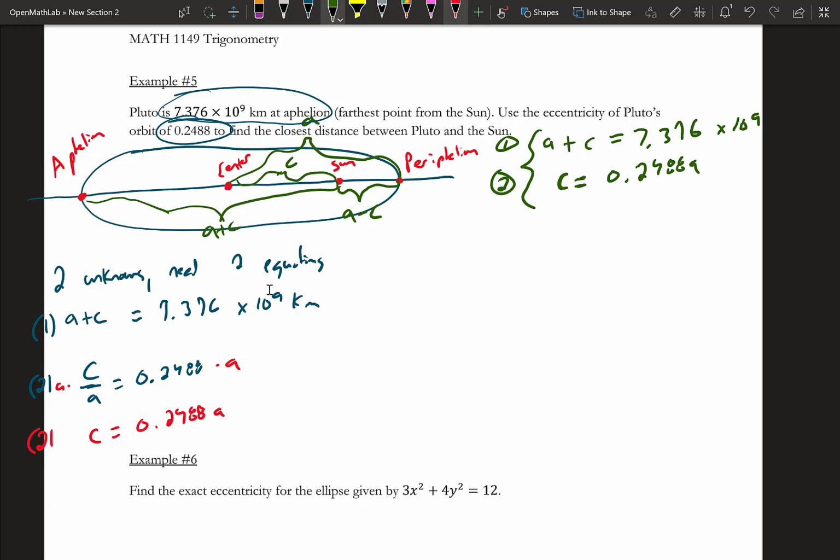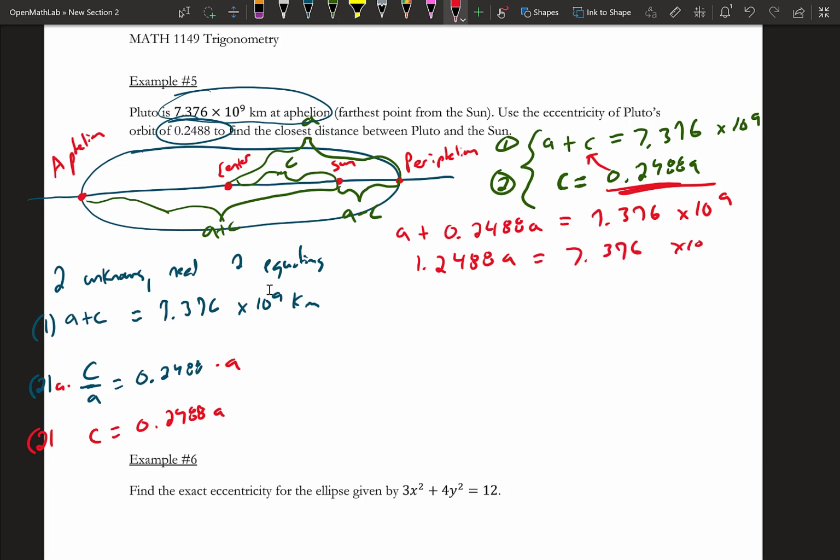Right. So I can just take this value for c and plug it into equation 1. So we would get a plus 0.2488 times a equals 7.376 times 10 to the 9th. So this gets me 1.2488a equals 7.376 times 10 to the 9th.